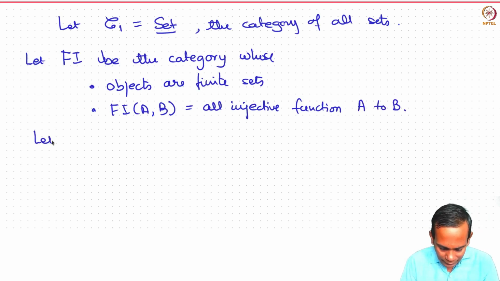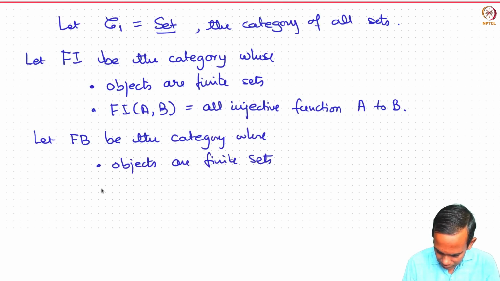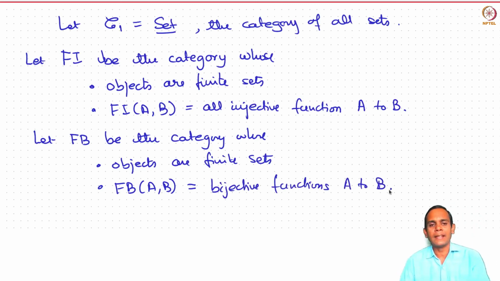And let's define another category, Fb, the category whose objects are again finite sets and Fb(A, B) are bijective functions from A to B. You need to check that Fi and Fb are indeed categories, but that's not difficult.